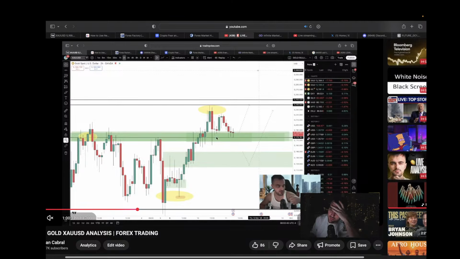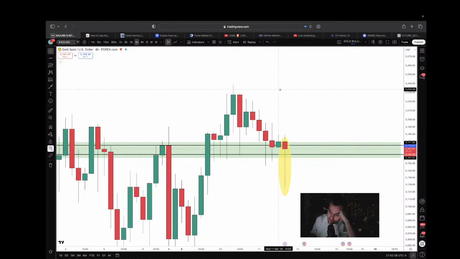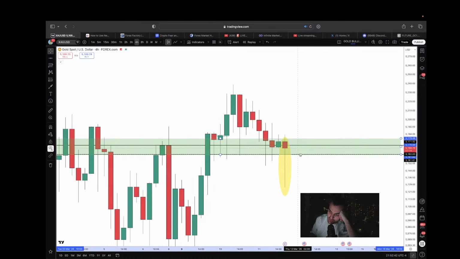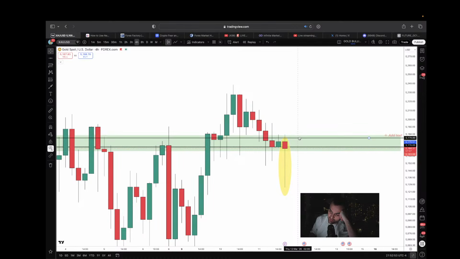Wow, this 4-hour literally came all the way back to the zone. Well, the zone I drew was more here. 5170, 5180.